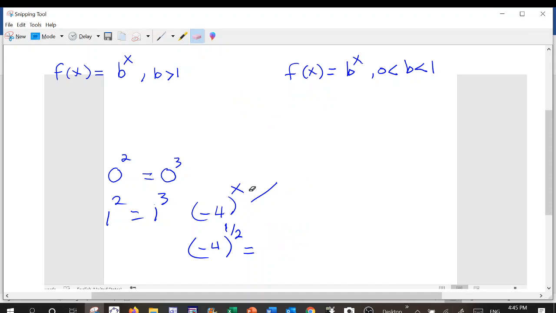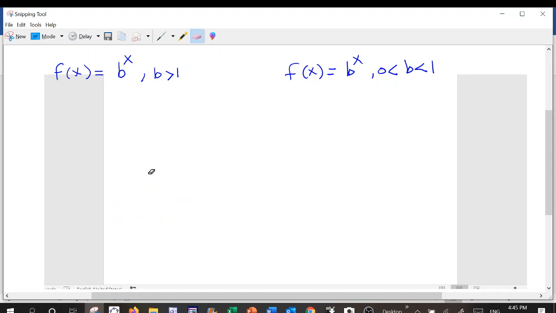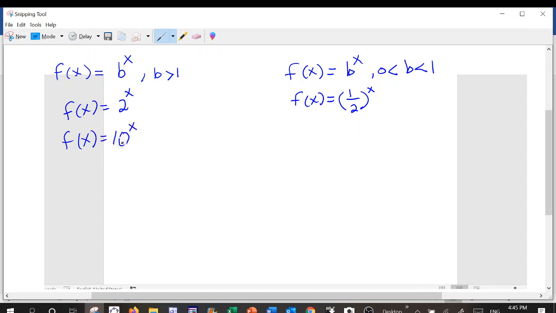So let's look at some examples of these exponential functions. For example, f of x equals 2 to the x. That's an exponential function. A member of the other family is f of x equals 1/2 to the x power, right? And another example, a celebrity member, is 10 to the x.